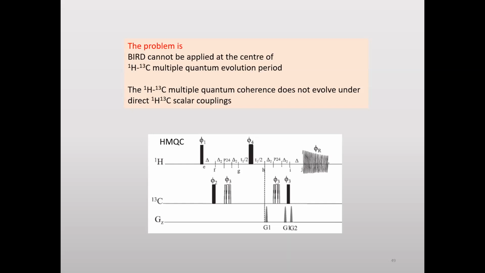The proton or carbon coherence has to evolve under the one-bond proton-carbon couplings. But the proton-carbon multiple quantum coherence does not evolve under the direct proton-carbon scalar couplings, and therefore Bayard cannot be applied in the middle of an HMQC pulse sequence.